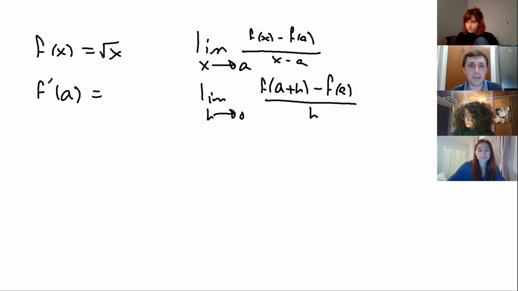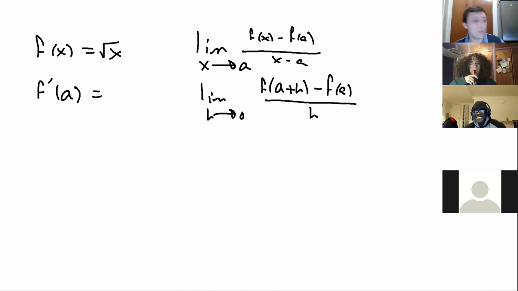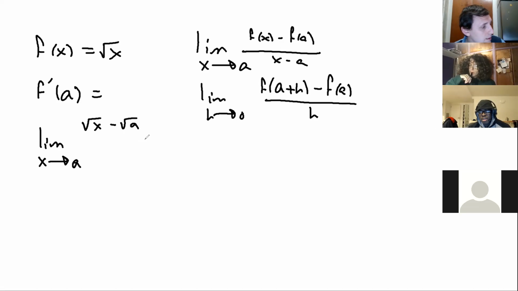All right, time is up, guys. So let's see how that's solved. One half root a, exactly. So why should this one, especially, take so little time? You have the limit as x goes to a of root x minus root a over x minus a.